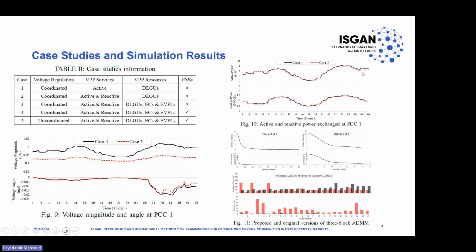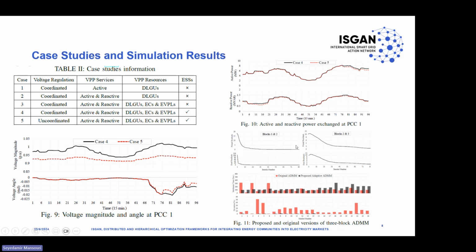As we showed here, different amounts for these services were determined in case 4 and case 5, and you can see the impact of coordinated voltage. So we always have to consider voltage angle and magnitude as coupling variables so that we can achieve more realistic results.